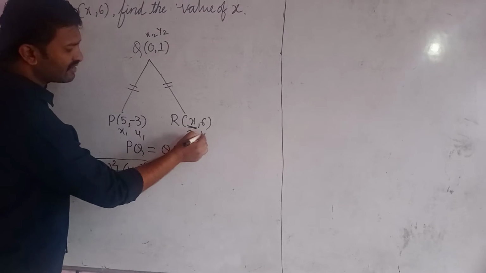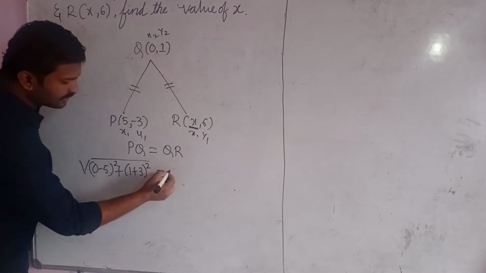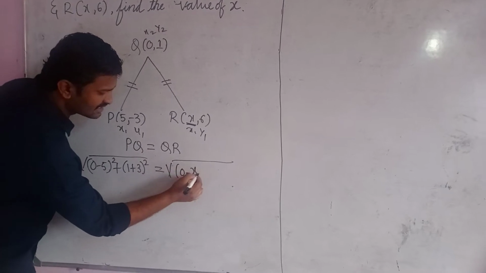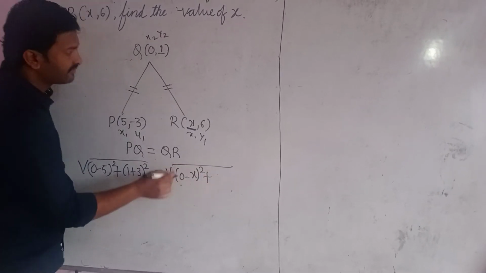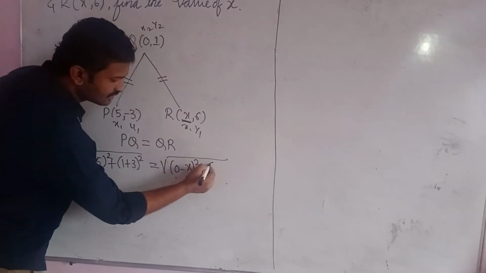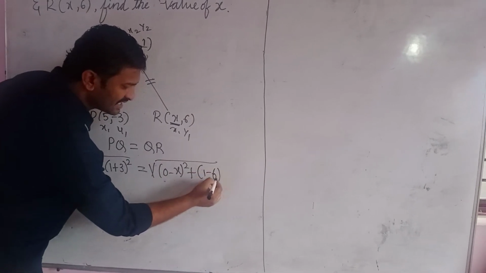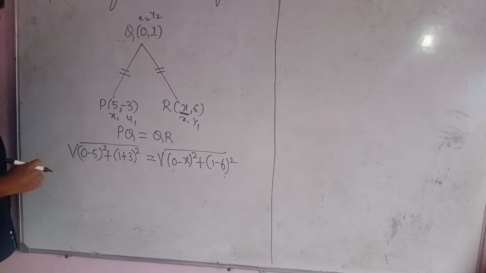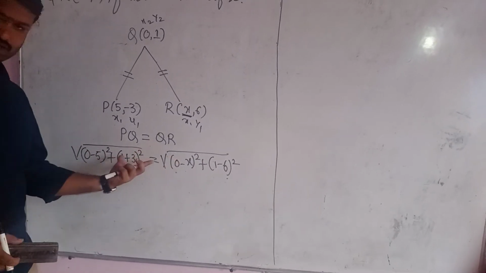Again, this is x1, y1, and x2 minus x1: under the square root of (0 minus x) whole square plus (1 minus 6) whole square, which is y2 minus y1. Here the square root is there on both sides.